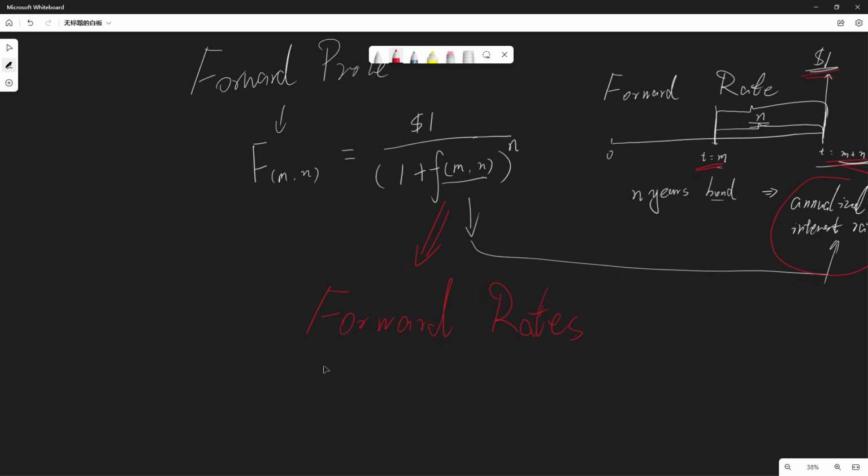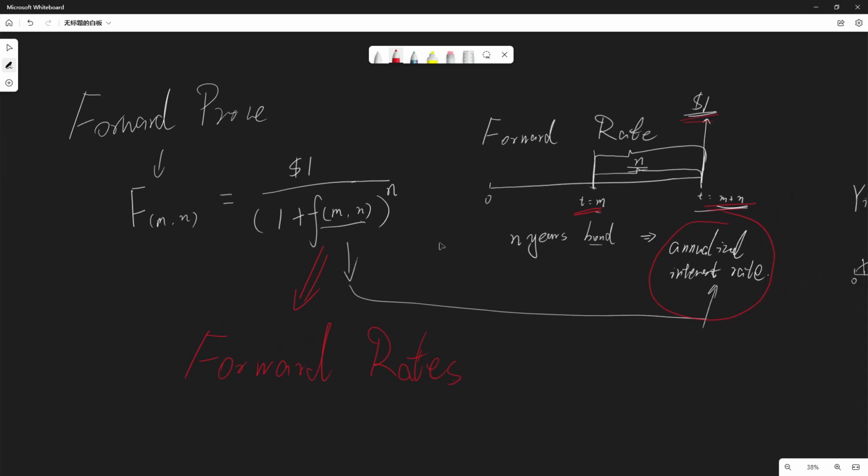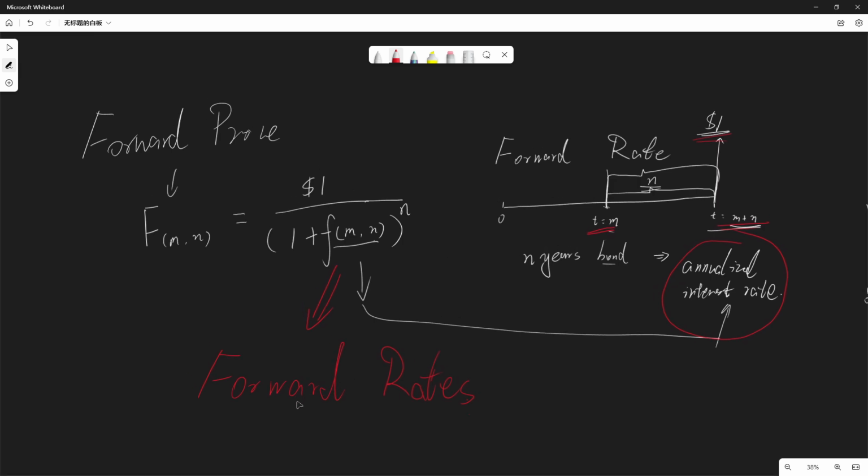And of course, there are mathematical connections between the forward curve as well as the spot curve, because we can use one to infer the other, and you can use the changes between these two to solve a lot of problems, to make a lot of decisions, right? We will talk about that later, but for now, just know this fancy word forward rates is just the annualized interest rate of that certain loan or certain bonds, okay?